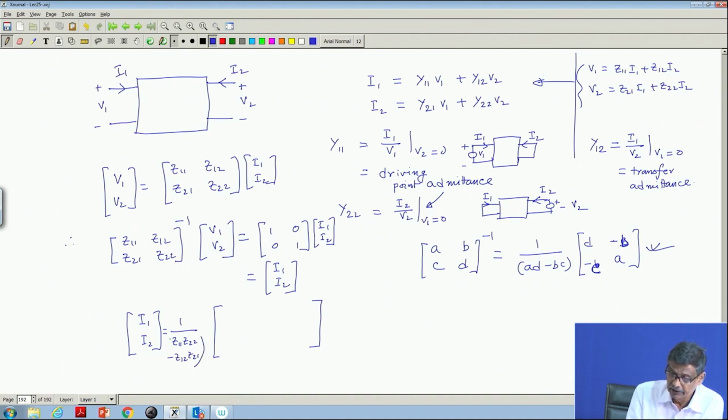This will be below, 1 by the determinant ad minus bc. And this one will be simply interchanged, that is, this will become Z22 and this will become Z11, and about these things, they will remain, only their sign will reverse, that is all.